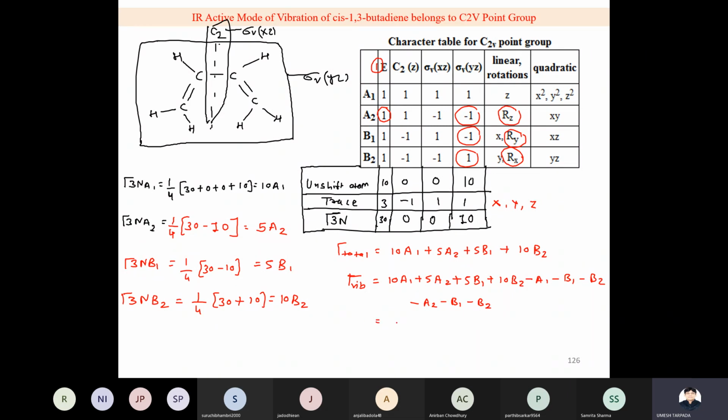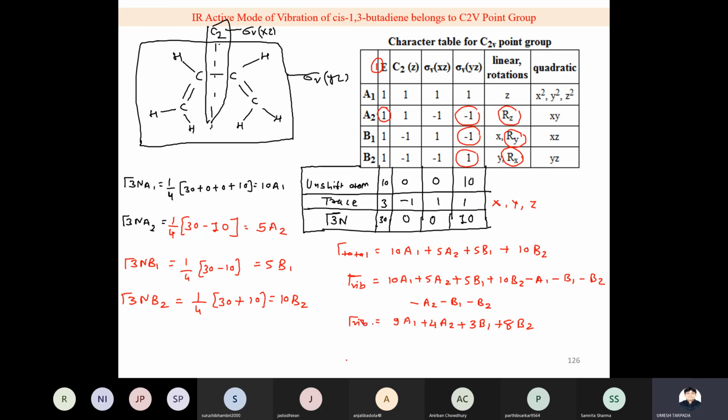So 10A1 minus A1 is 9A1. Now 5A2 minus A2 is 4A2. And 5B1 minus 2B1 is 3B1. And then 10B2 minus 2B2 is 8B2. These are the vibrational modes.